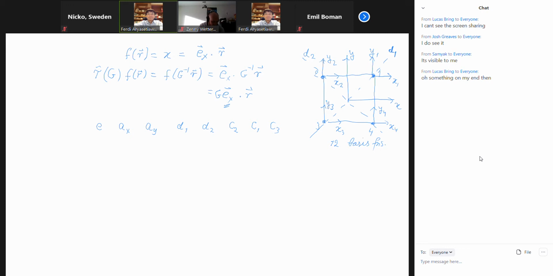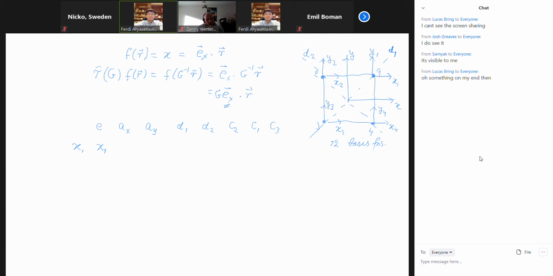Now let's take an example of x1 and see what happens to these functions when we do the symmetry operations. So obviously with the unit element, we just get back x1. Now if we look at Ax, so what is Ax? Ax is a rotation around the x-axis by pi. So this means that x1 will be brought to x4.